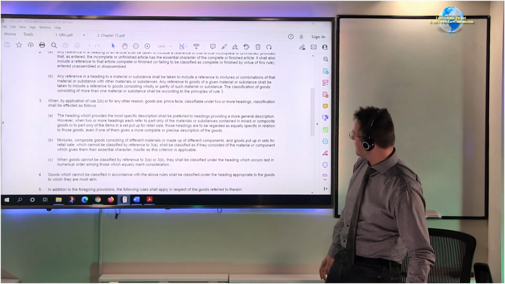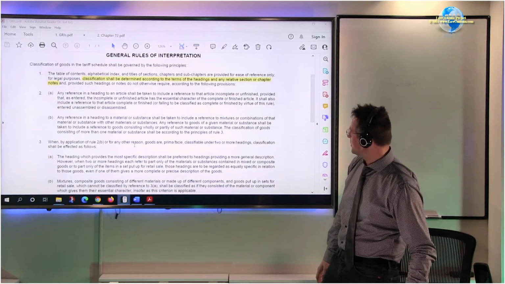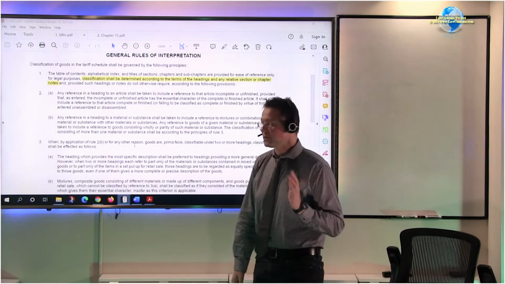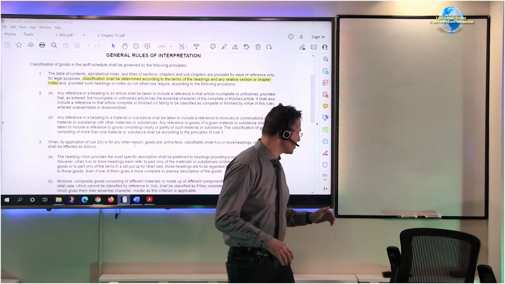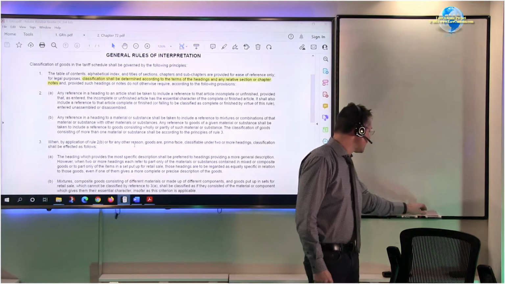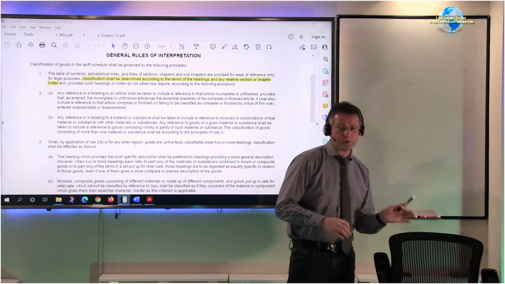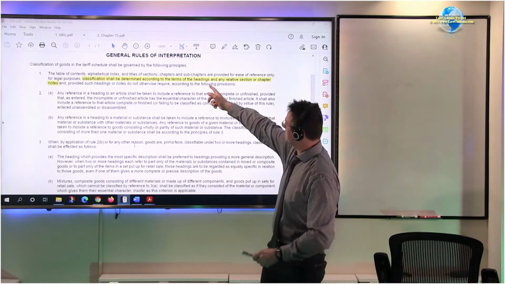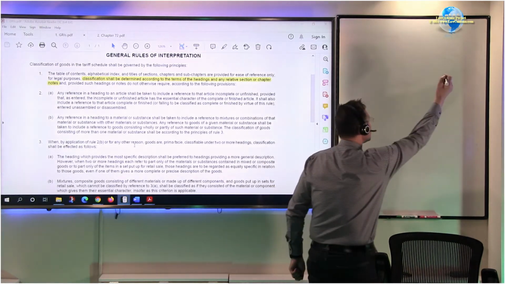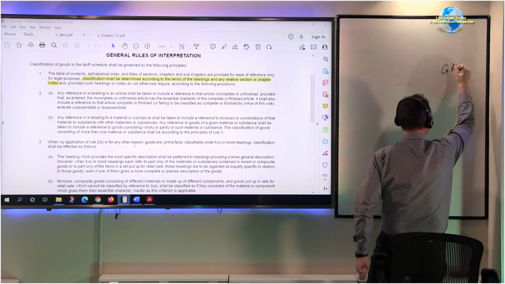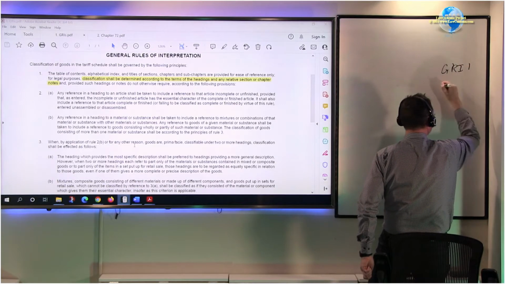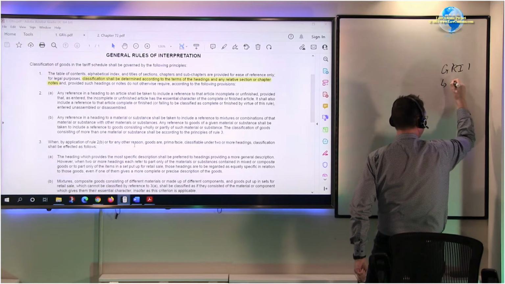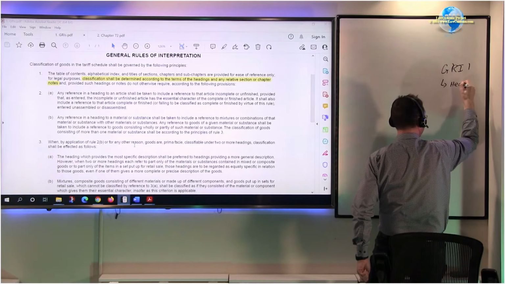Keeping in mind general rule of interpretation 1, the basic methodology for most classification questions, because you get 5, would be the one where you start with the terms of the headings. So under GRI 1, you start with the heading first.